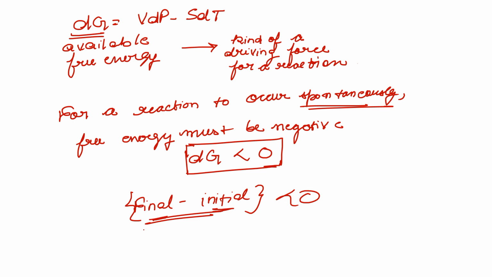So I have successfully minimized my energy, my free energy is getting lowered, and I have moved towards a more stable state. This is what we have for spontaneity.